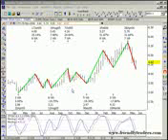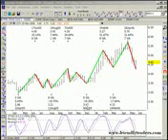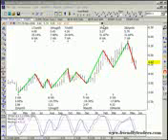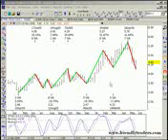Let's look at the bull trend from the end of the week ending December 9th to the week ending February 3rd. You can see for most of the bull trend, the oscillator was either in the oversold zone or bullish. Now let's look at the bear trend from the high of the week ending February 3rd to the low of the week ending February 10th.